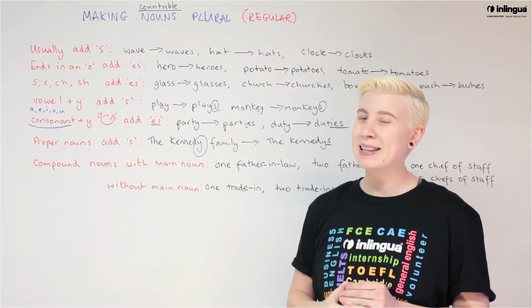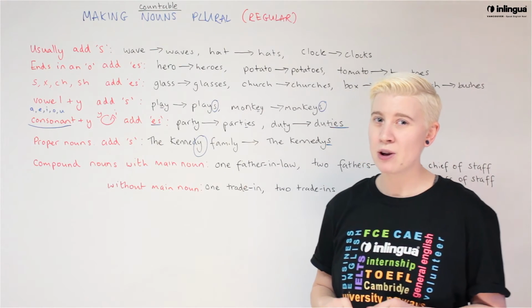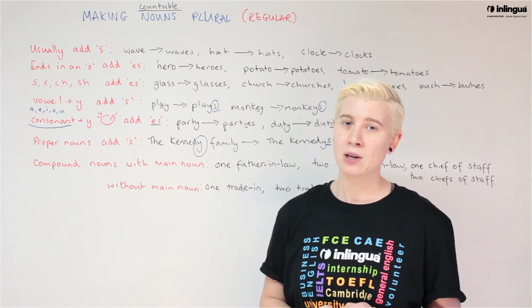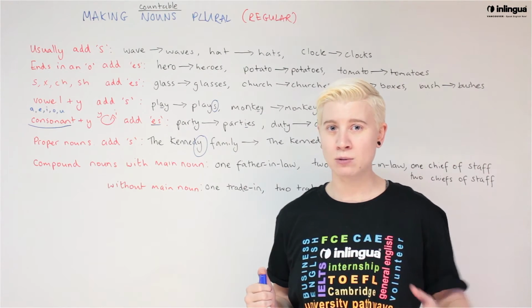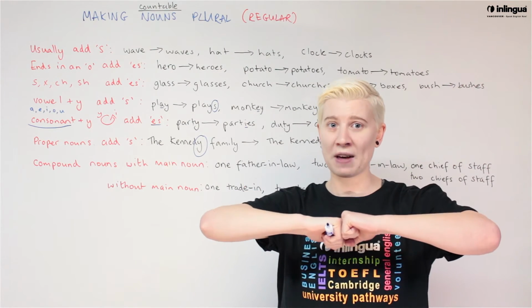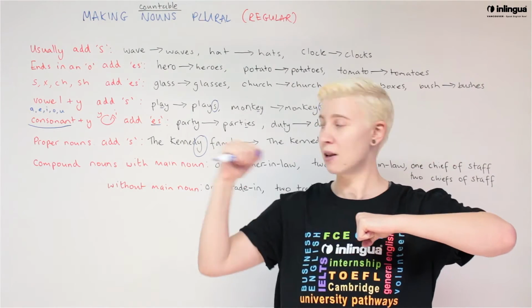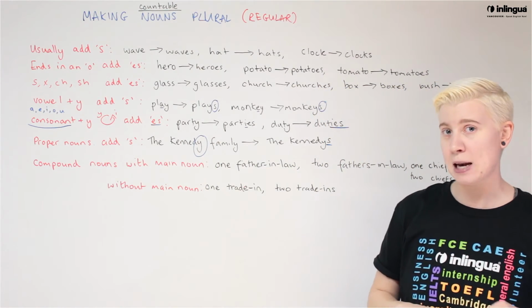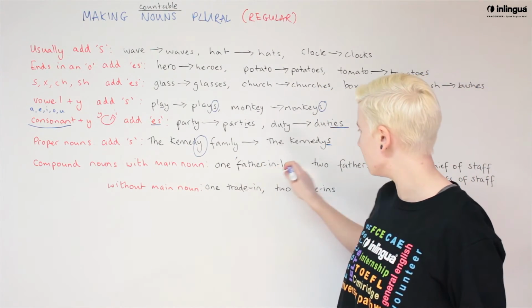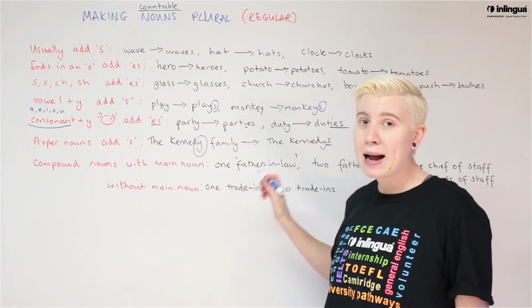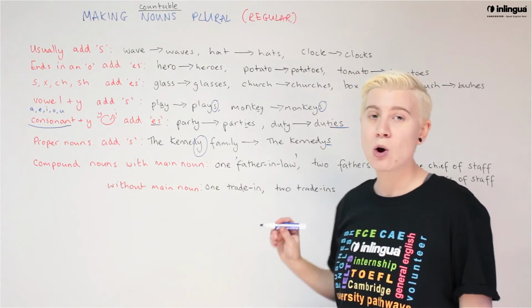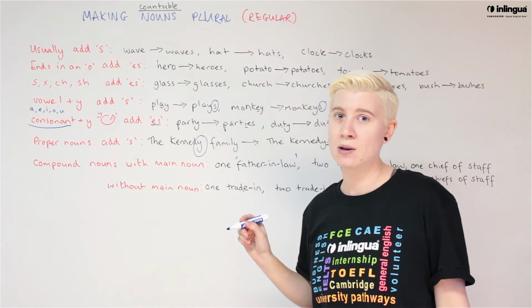And then the last one, a little tricky, but not too difficult, compound nouns. A compound noun means a noun created from more than one noun, okay? They go together. Like, for example, father-in-law. So this is all one noun together made of different little words. Father-in-law, okay?